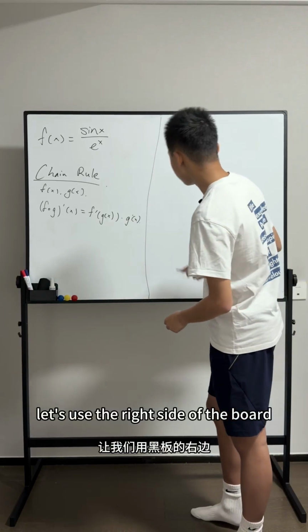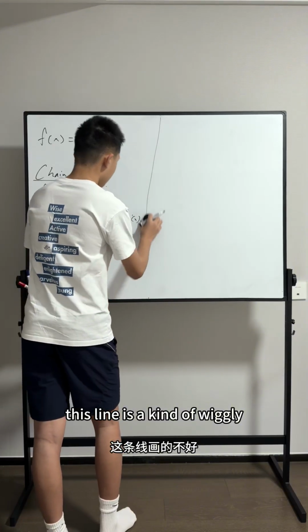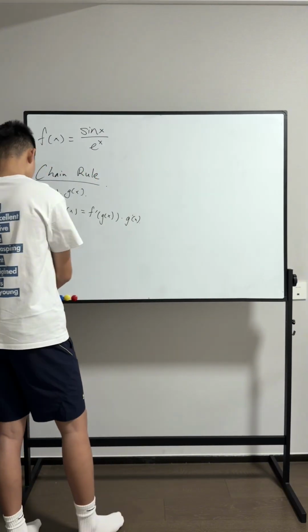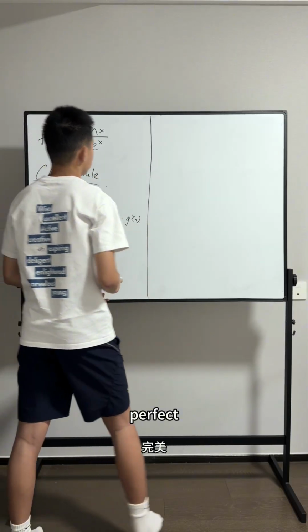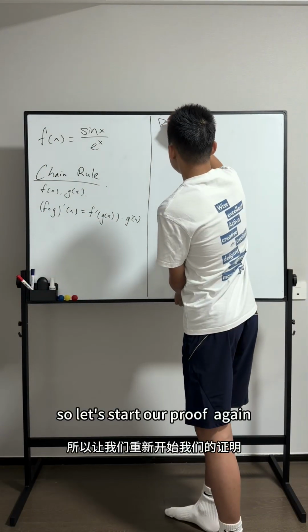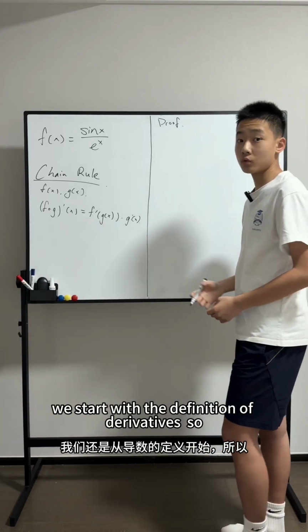Let's use the right side of the board. This line is kind of wiggly. Perfect. So let's start our proof. Again, we start with the definition of derivatives.